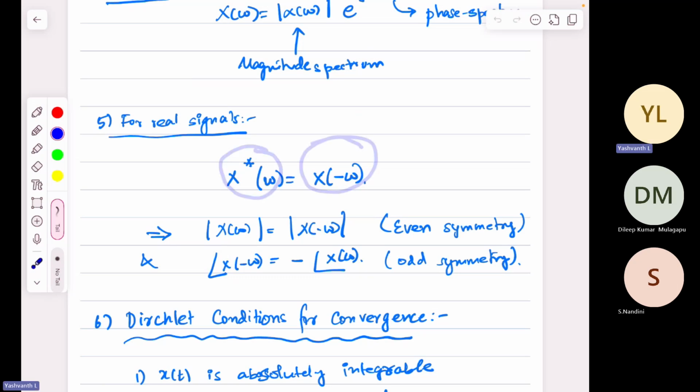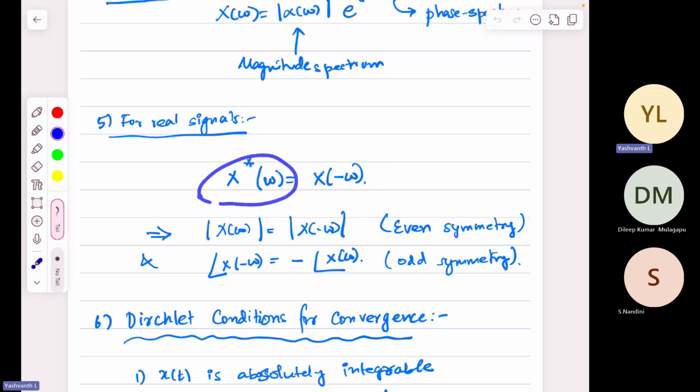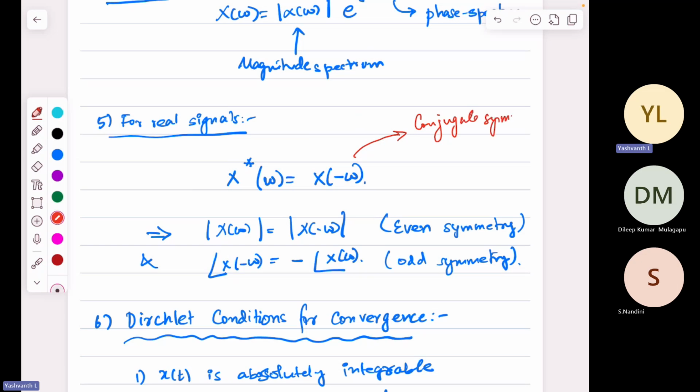That is, if you do a conjugation of x, that is the same as the value you get for the transform x of omega evaluated at minus omega. So x conjugate of omega is equal to x of minus omega. This is called conjugate symmetry.